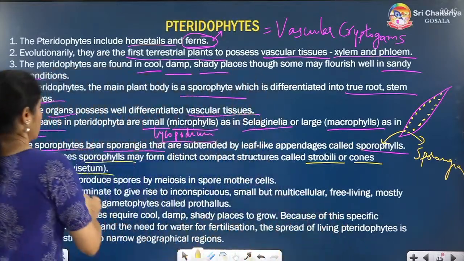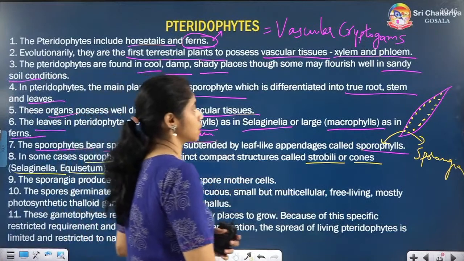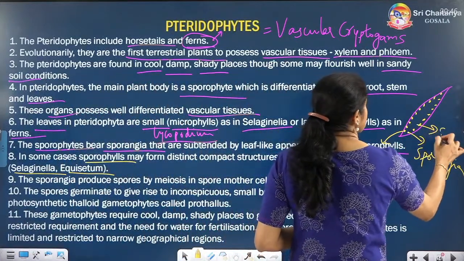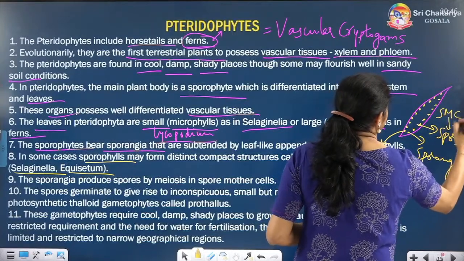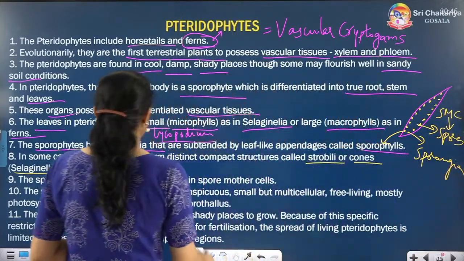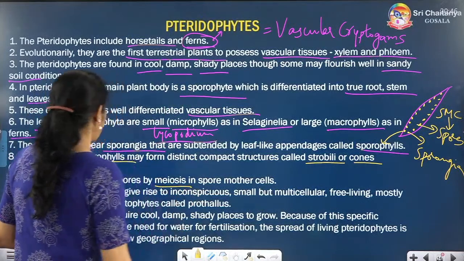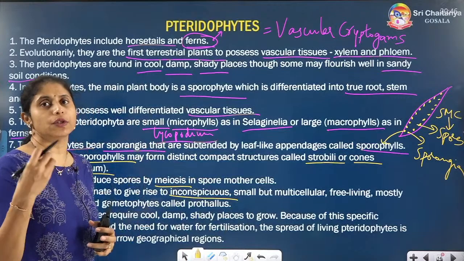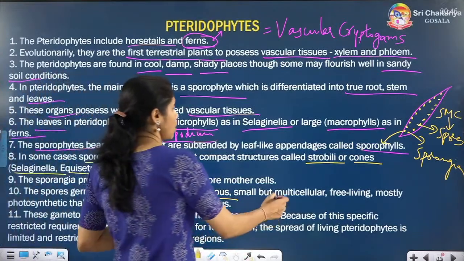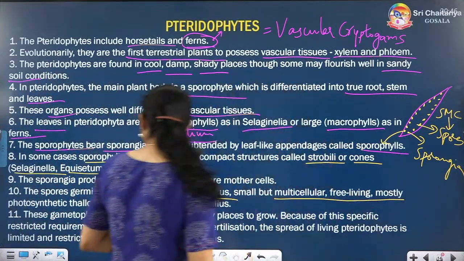The sporangia produce the spores, because they contain spore mother cells, which form the spores by meiosis. Each spore germinates into an inconspicuous, multicellular, free living and photosynthetic structure called a prothallus.